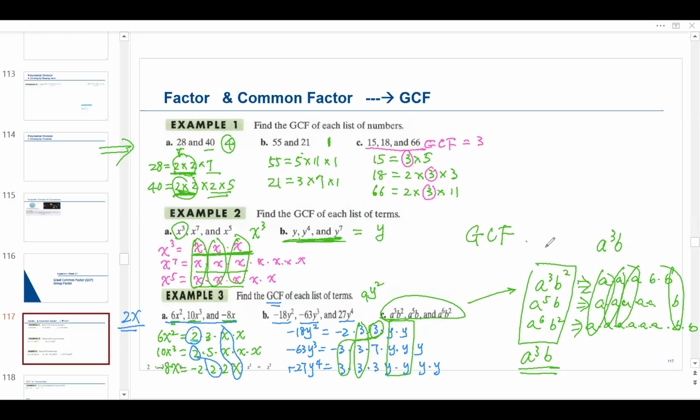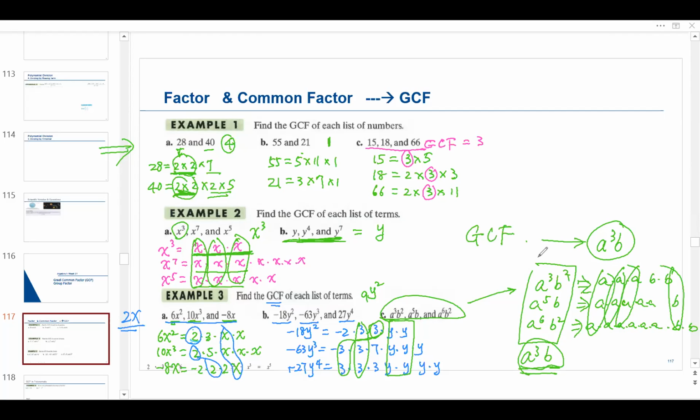We got the greatest common factor is a cubic b, right? Understand? So we just need to line up. We can easily find the greatest common part, like a cubic, a power 5, a power 6. Actually, a cubic is their common factor, and b is their common factor. So putting them together, a cubic b is their greatest common factor, right?